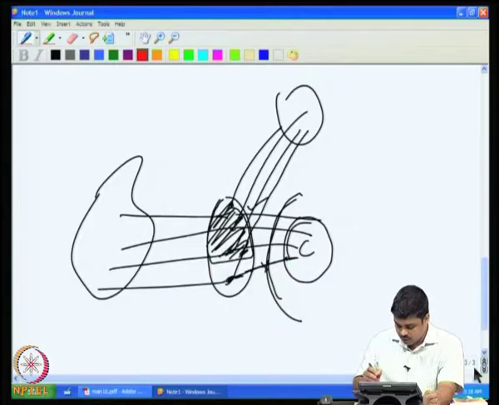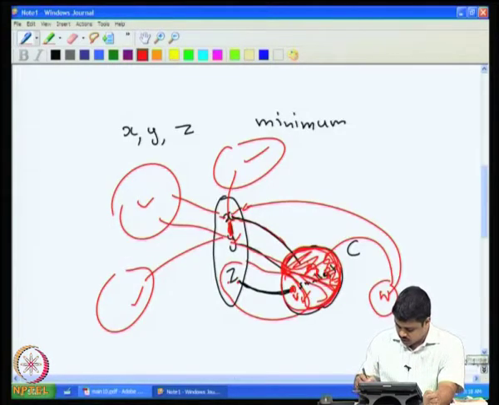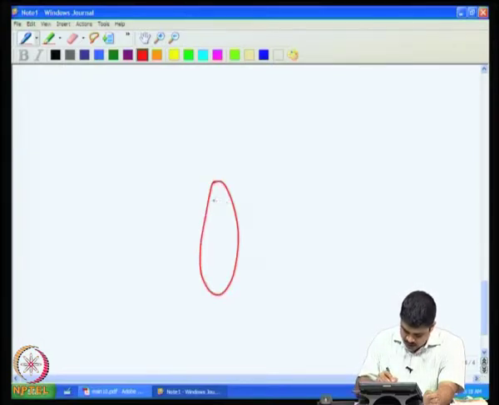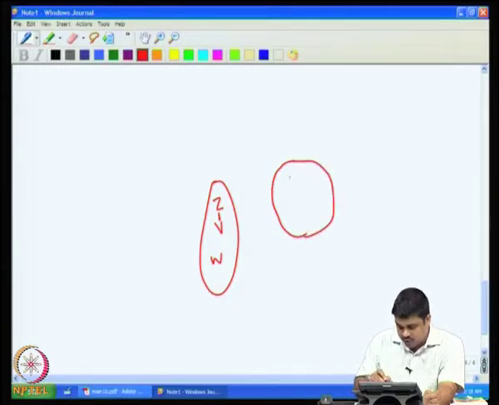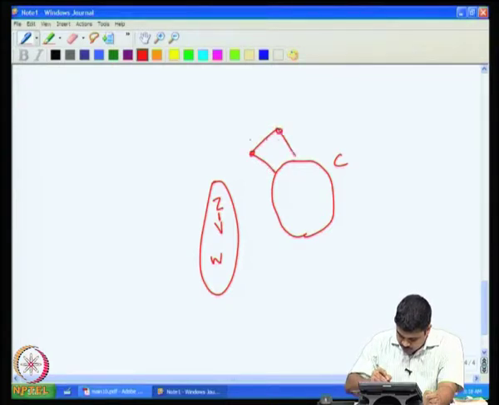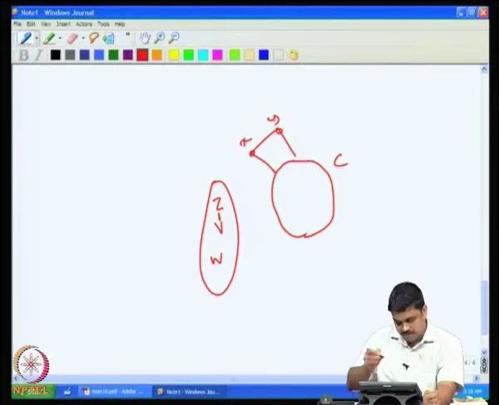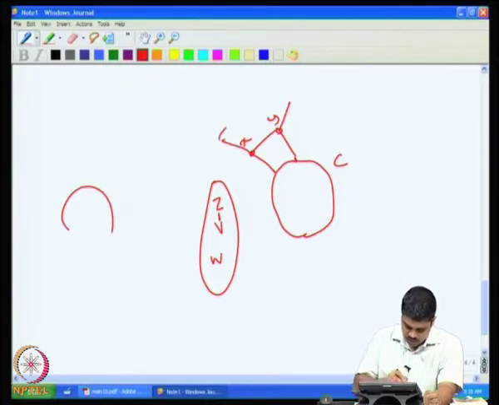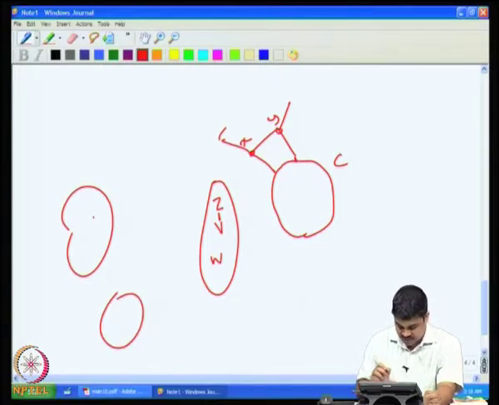But if you look at the current picture, we have our Z, V and some W somewhere, and then here is this component which contains our old vertices of C. It's possible that it has captured x and y and become bigger, in fact something more also, right, and then at least one more component is there.